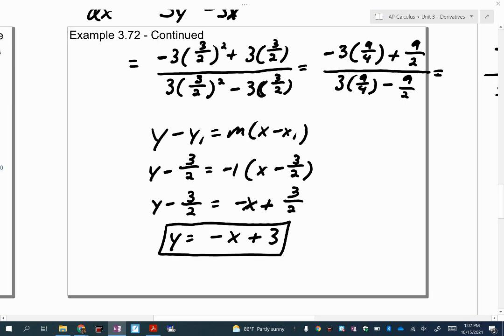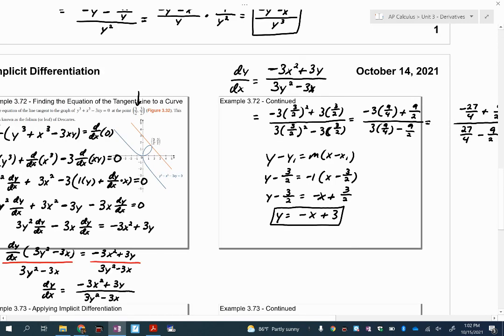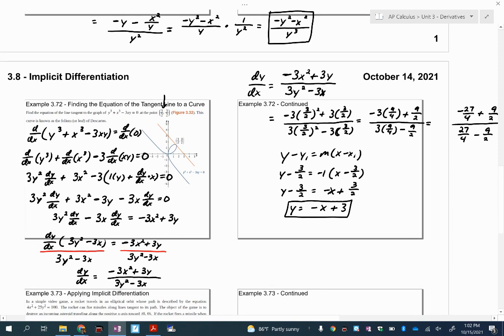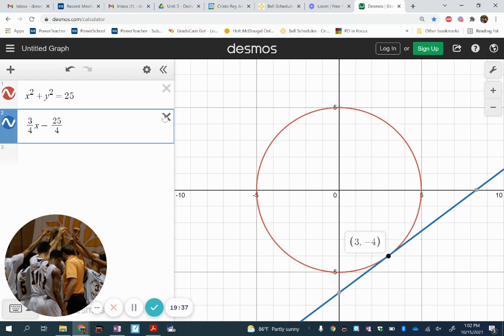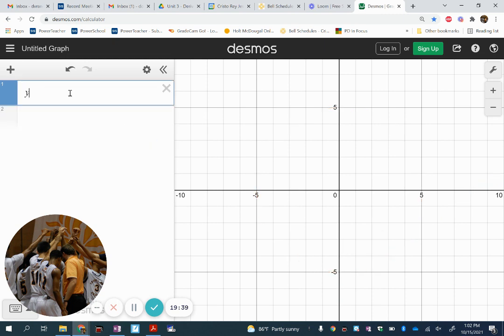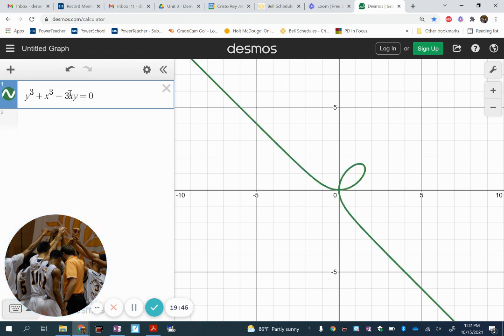All right, so the first thing I'm going to do is graph Descartes' folium or leaf as y cubed plus x cubed minus 3xy equals 0. So there is the leaf or folium. And then our tangent line is going to be negative x plus 3.